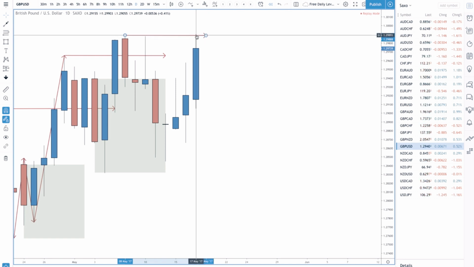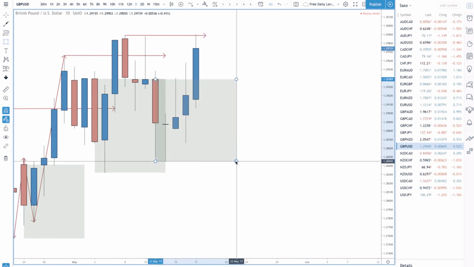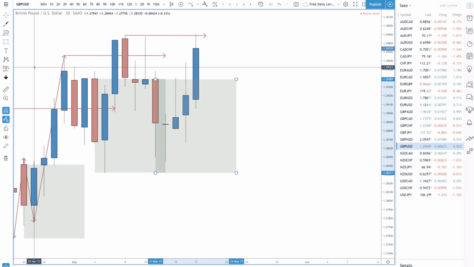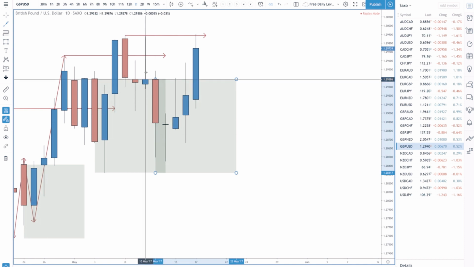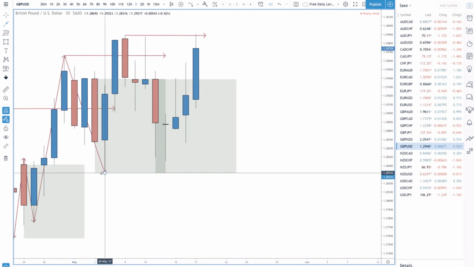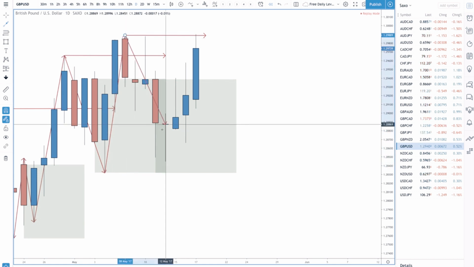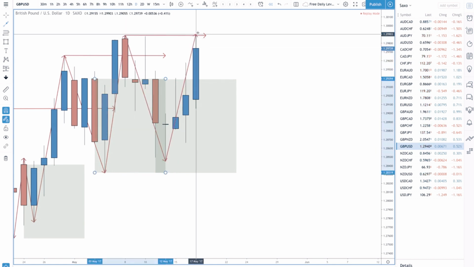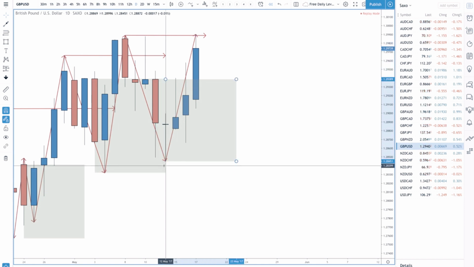Yep, there we are. So then we can start to draw from there or down to the lows, because this now becomes swing, move up, move down, and then move up. So actually it's from here, that's where the new swing is. There we go.